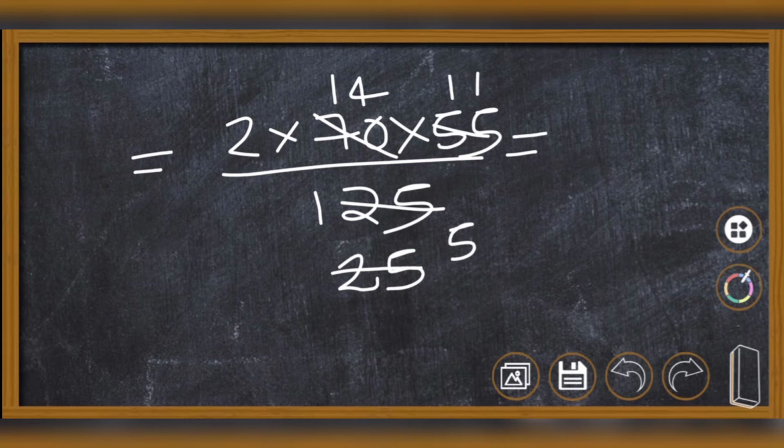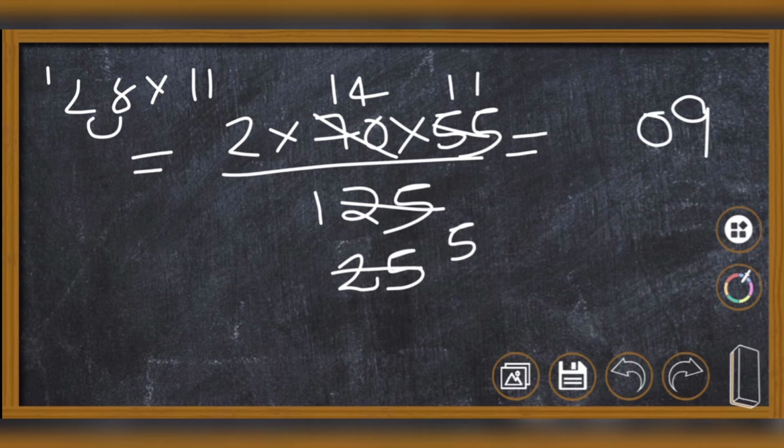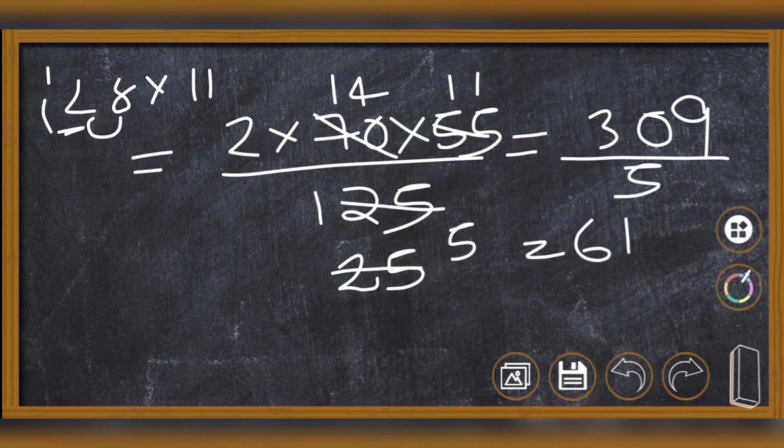Now 14 into 2 is 28. So 28 into 11. So we have seen how to multiply with 11. Please check the video if you don't know. 8, then 2 plus 8, that is 10, 0 here, 1 is a remainder, 1 plus 2, that gives 308 divided by 5, that gives you 61.6.